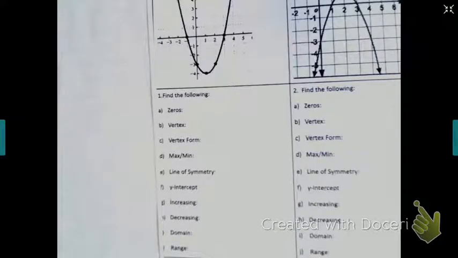Okay, for the zeros. Caleb, what are the zeros on number 1A? Okay. And then what's the vertex, Logan? 1, -4. Okay. And then vertex form, Macy? y equals 1, and then (x minus 1) squared minus 4.